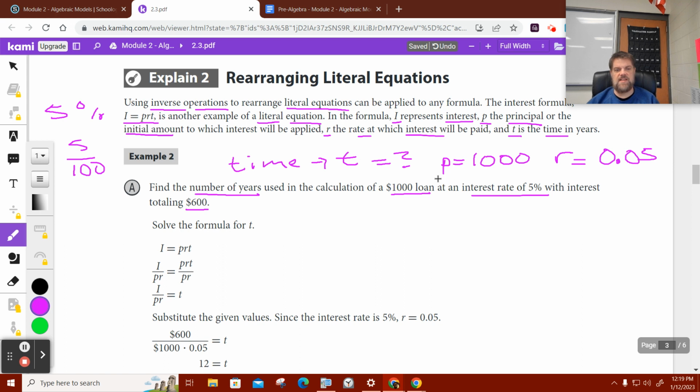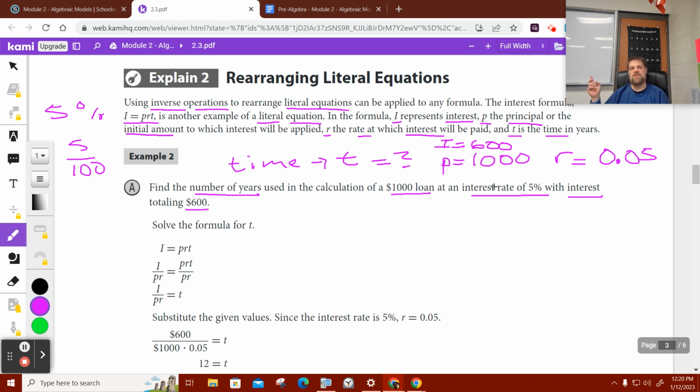And then lastly, they said the total amount of interest, that's the capital I, equals $600. So what they're saying is, if I borrow $1,000 from the bank, and they charge me interest at 0.05, how long will it take me to pay off this loan?